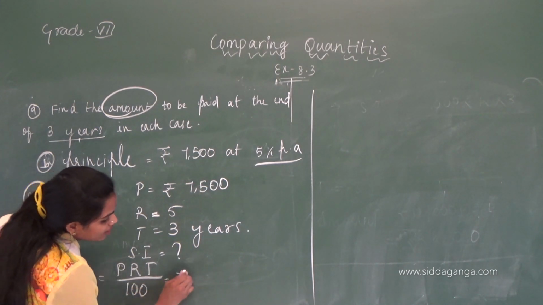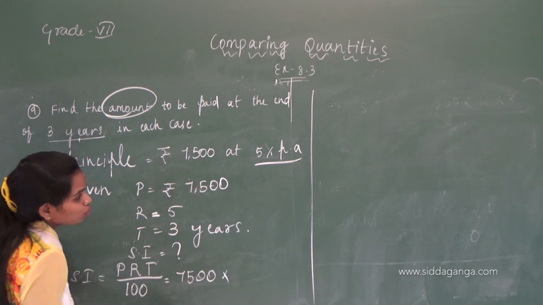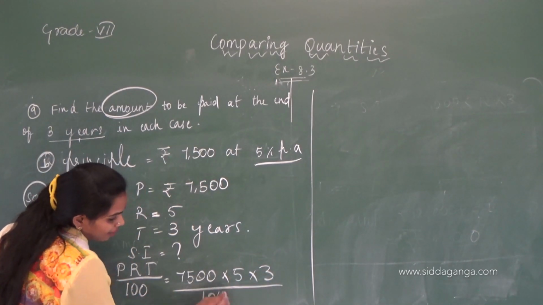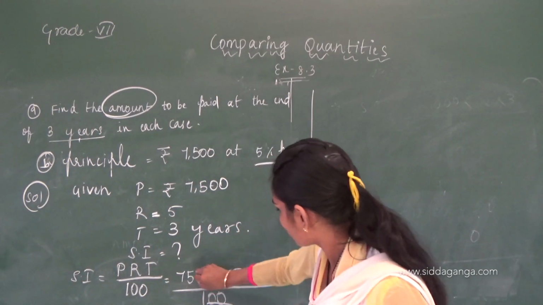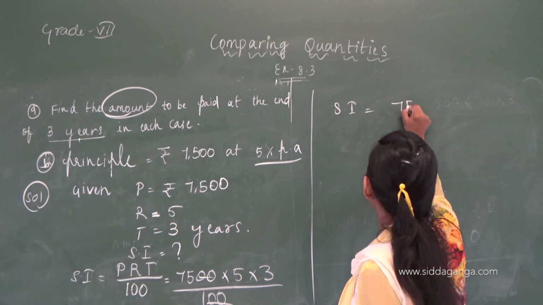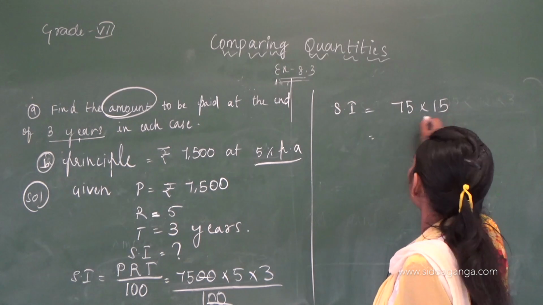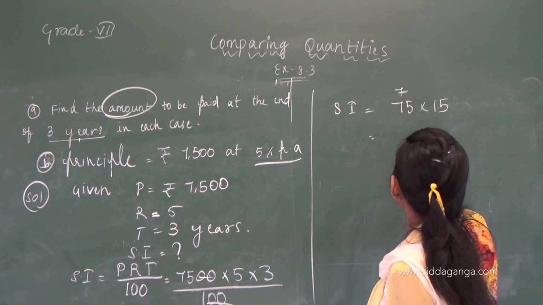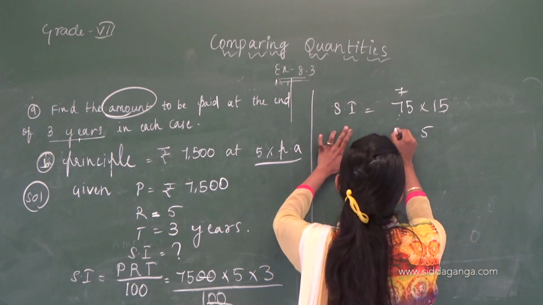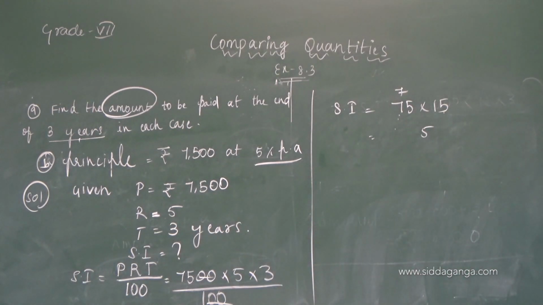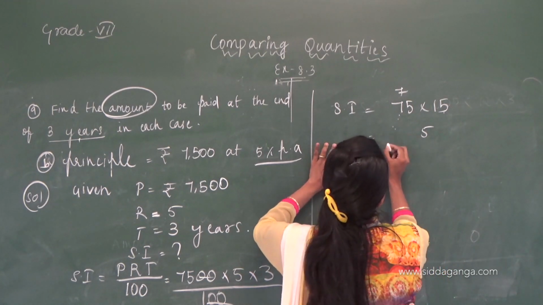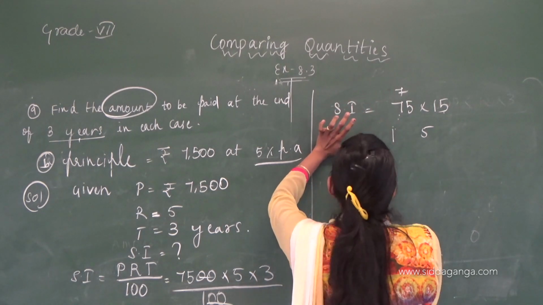Simple interest equals PRT divided by 100. P is 7,500 into 5 into T, 3, divided by 100. 75 into 15. 15 5s are 75. 15 7s are 105.